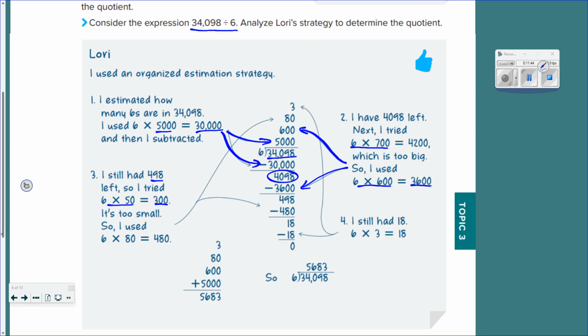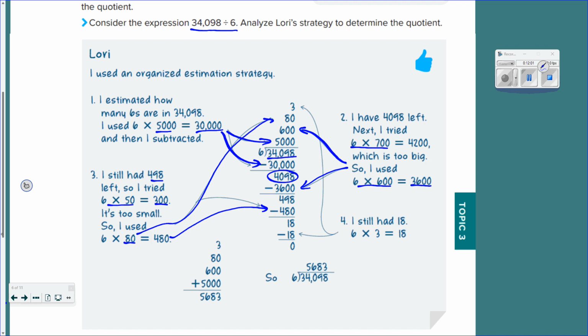That's too small, so she went up quite a bit. She went to 6 times 80, got 480. That's really close. So she subtracts the 480 and puts the 80 into her list of what she's done for her estimation so far.